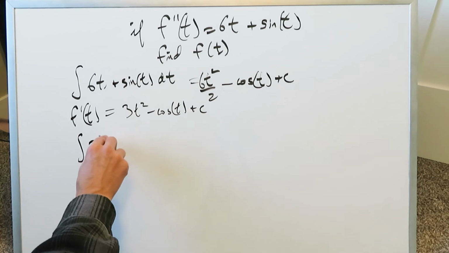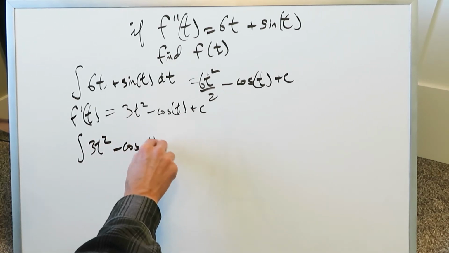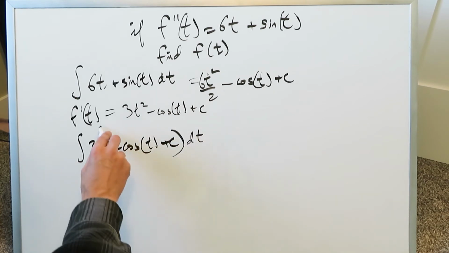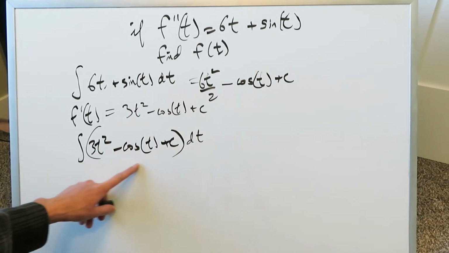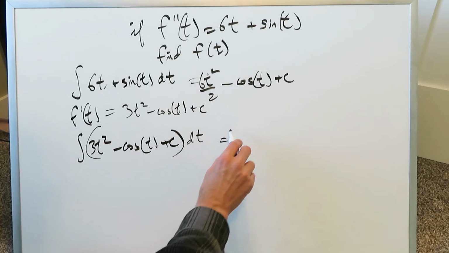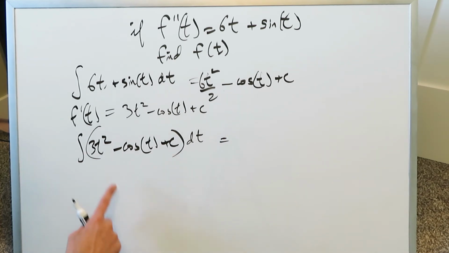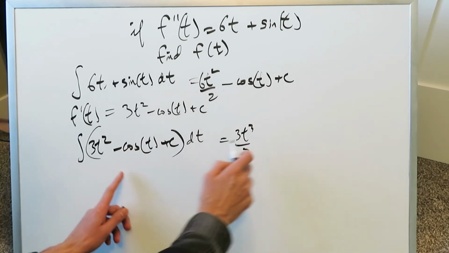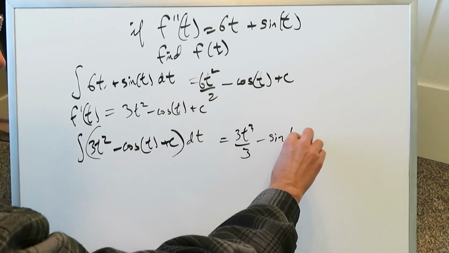You do 3t squared minus cosine t plus c. Don't forget to include this into your integral. It has to go through. When you do this, it's not hard. You again do the regular integration procedure. 3t squared will become 3t cubed over 3, minus cosine t will become a minus sine t.